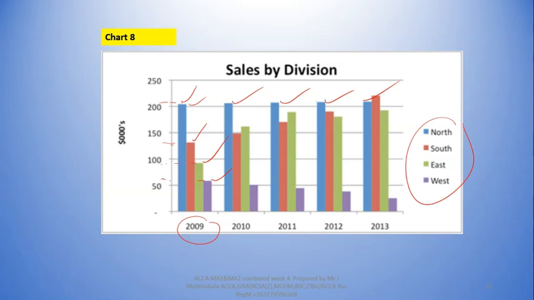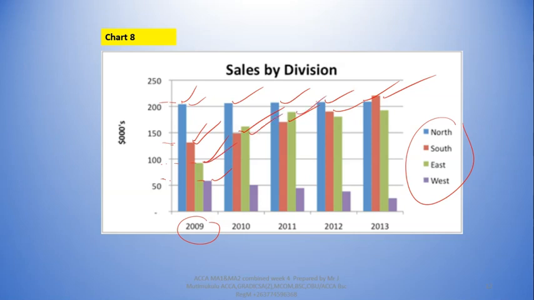In 2009 it was at this level, in 2010 that level, in 2011 that, and it is continuing to grow. So for managerial purposes, they can see that it is worthwhile to continue investing in the Southern Division.